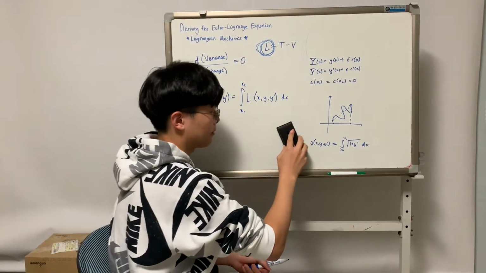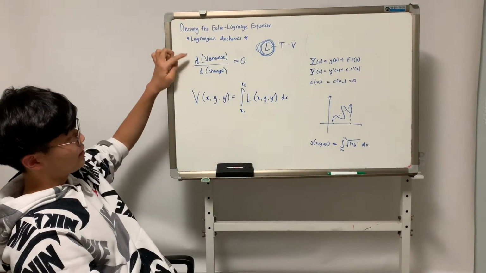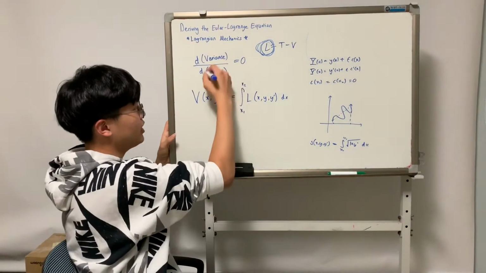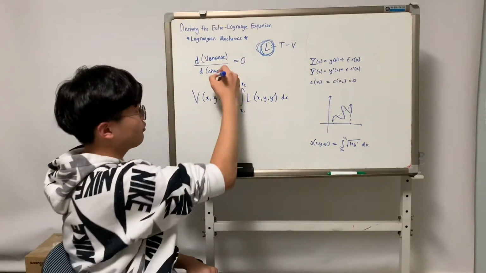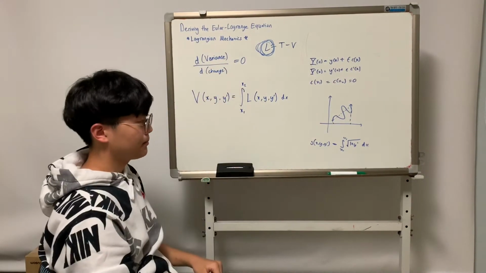So far, so good. Okay. And we knew here that the change is equal to 0. But what change would this be? What variable should we define this change here as?